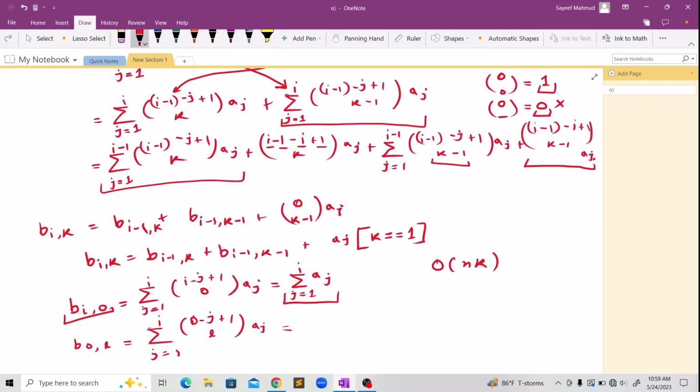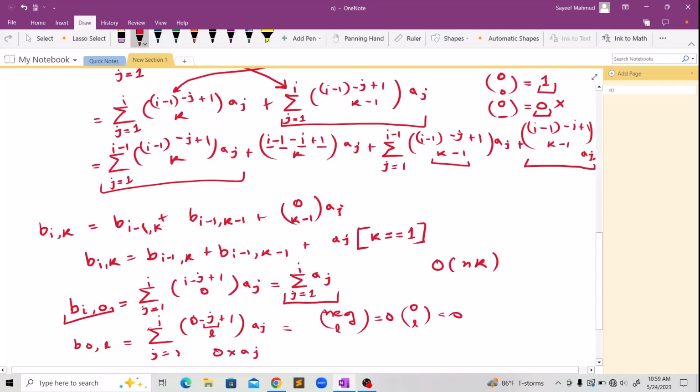The minimum value of j can be 1, and it can also be greater, so it will be some negative value choose L, or it can be 0 choose L. Both of these are equal to 0. So in both these cases, the formula will be 0 times aj, so it will be equal to 0. So B of 0, L is equal to 0.